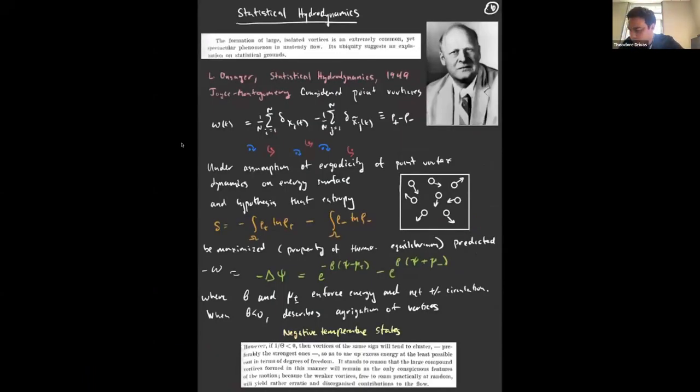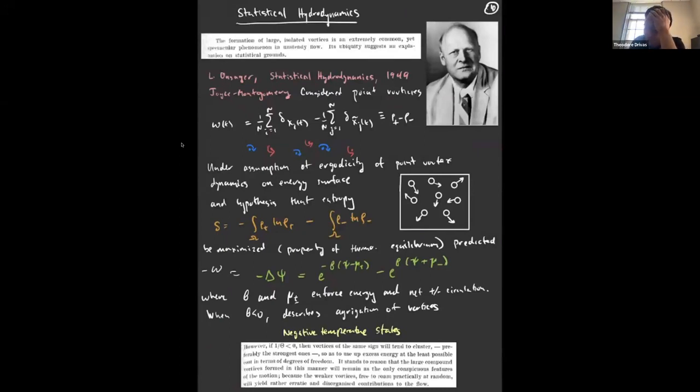Okay, so in this general set of ideas, Onsager made an enormous contribution where he proposed that these coherent structures should be understood on a statistical basis. And the model that he considered was a discretization of the 2D continuum Euler equations by means of point vortices.